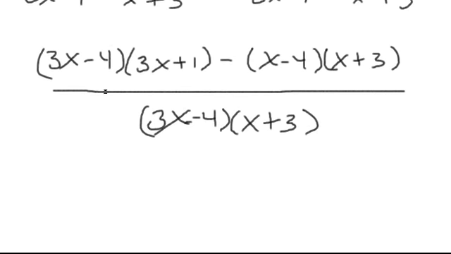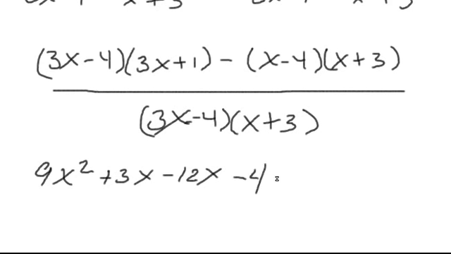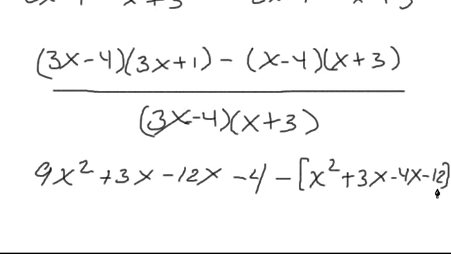Okay, and then of course you're going to multiply these two things out. We end up with 9x squared plus 3x minus 12x. That would be this negative 4 times 3 minus 4 minus, and I'm going to do a bracket here, x times x is x squared plus 3x minus 4x minus 12.